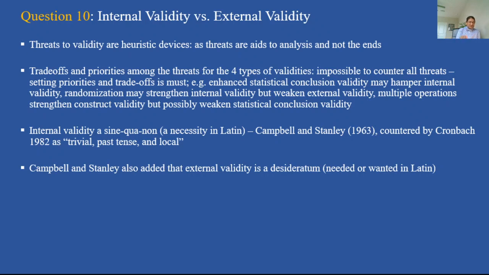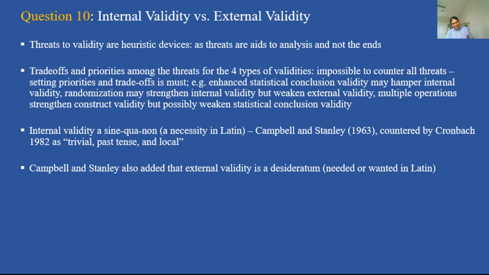Mono operations reduce the construct validity extent, but multiple operations will enhance it. But then at the same time, this will also create a risk for the statistical conclusion validity. So it depends on the study, what the focus of the study is, and accordingly one has to make a trade-off. But the book also cautions that the trade-offs have to be necessary and justifiable. Unnecessary trade-offs are of no importance.